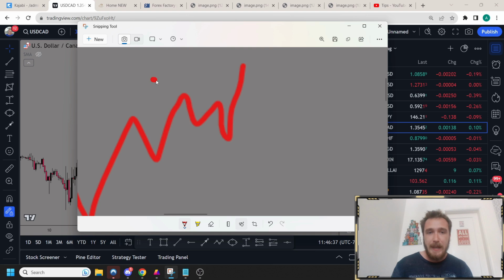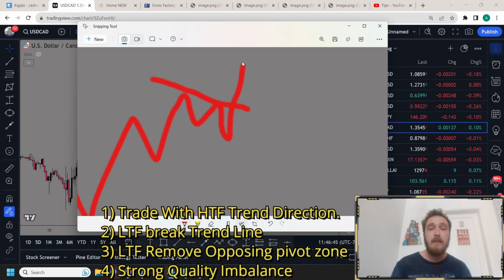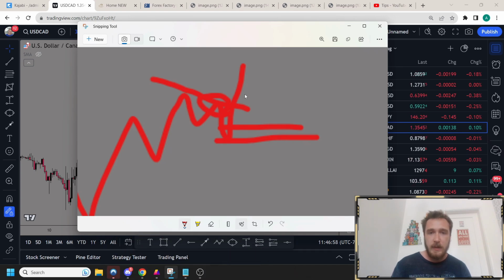All right, because we need prices to break a very short term lower low, lower high, have a strong imbalance, and remove opposing pivot point zones. All right, it's going to be removing pivot point zones, breaking trend lines, and creating strong zones. So that is our demand zone that we are looking to buy the pullback into if and when prices return back into that area.